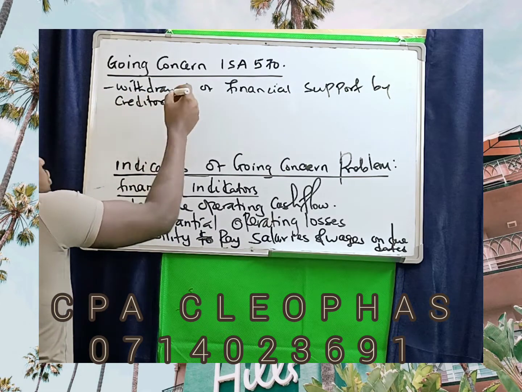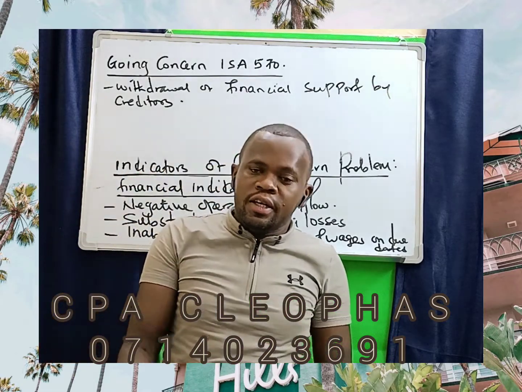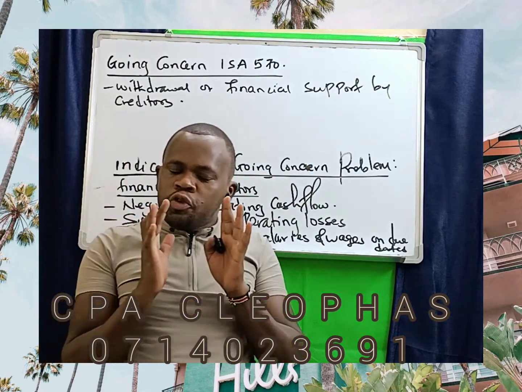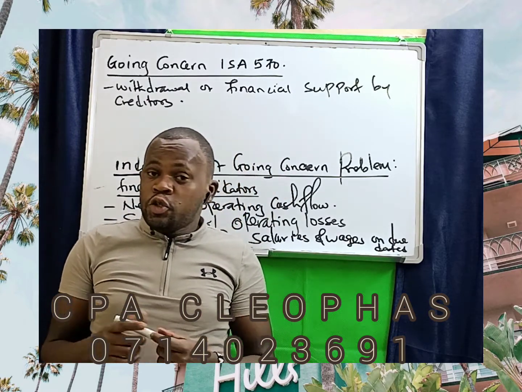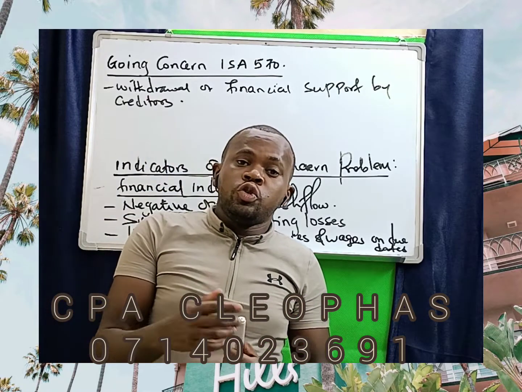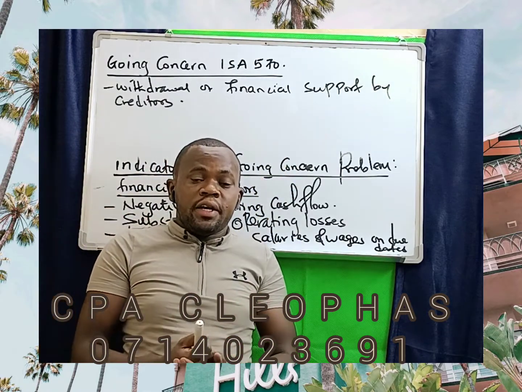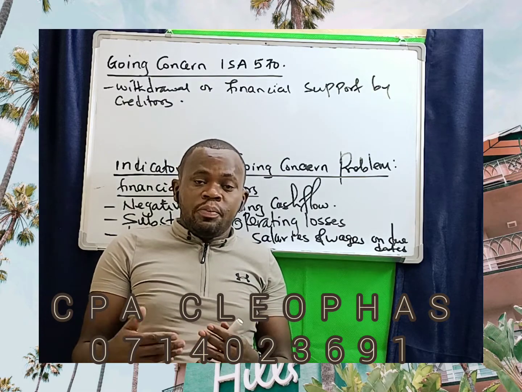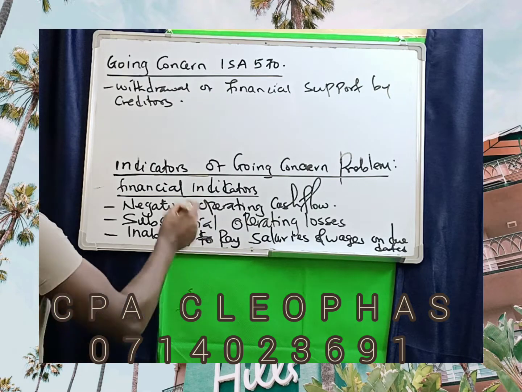Those creditors who have been giving you items on credit can decide, because this company may not be in a position to pay back, that they are not going to give items on credit. So they withdraw their support. It's an indicator of the going concern problem.